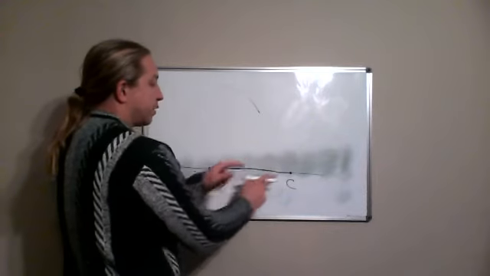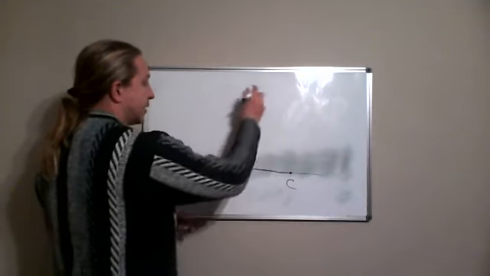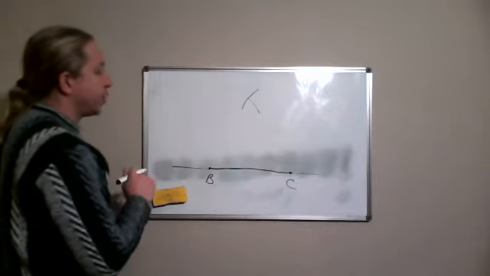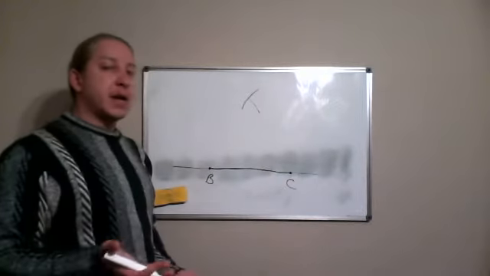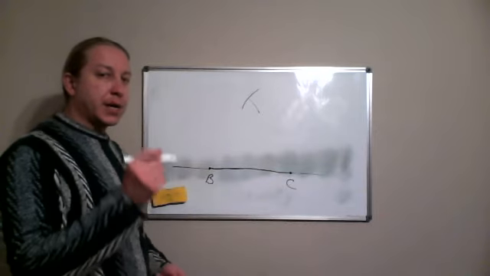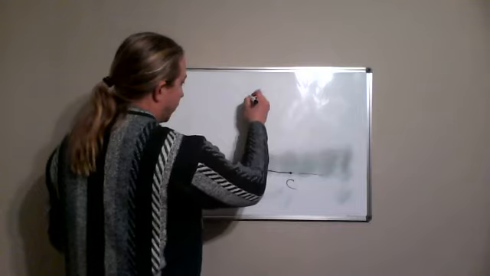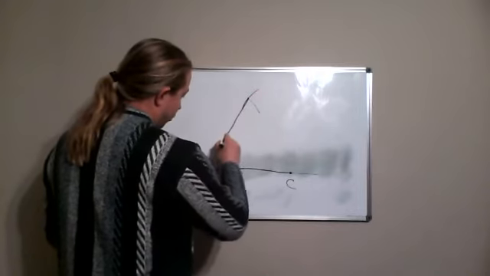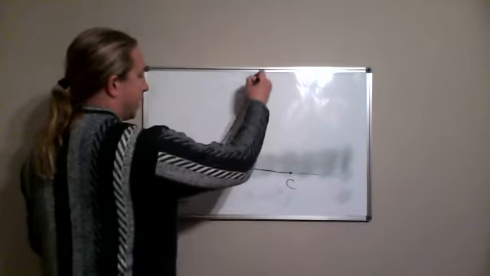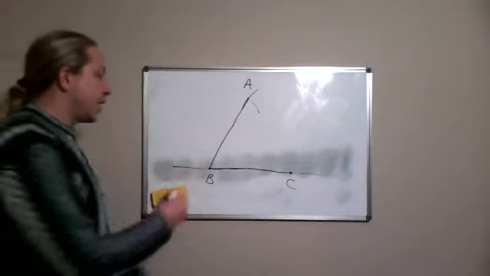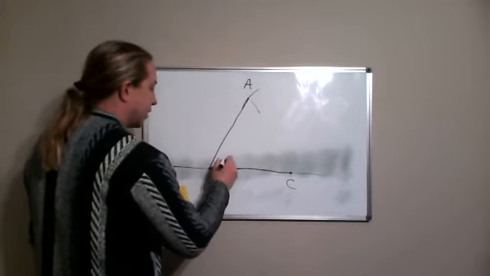We flip around, set our compass at that distance, make a mark. The intersection gives you the third point of the triangle. But remember, they didn't ask us for a triangle, they just wanted an angle ABC. So there's our point. We join this line to this line here and call that point A. So there it is, ABC, and this is 60 degrees.